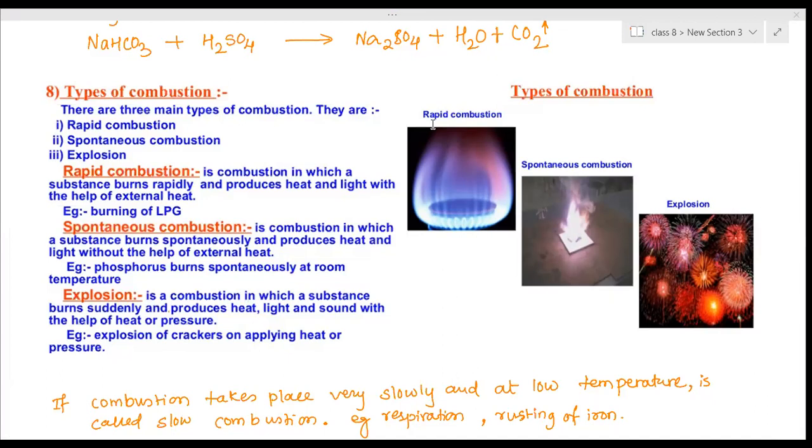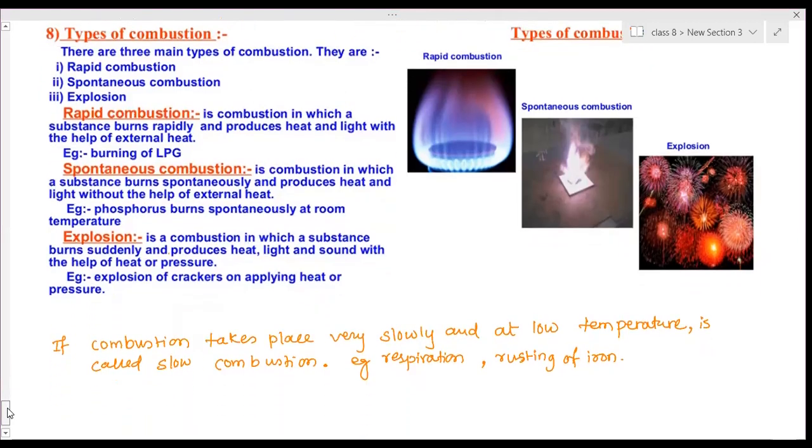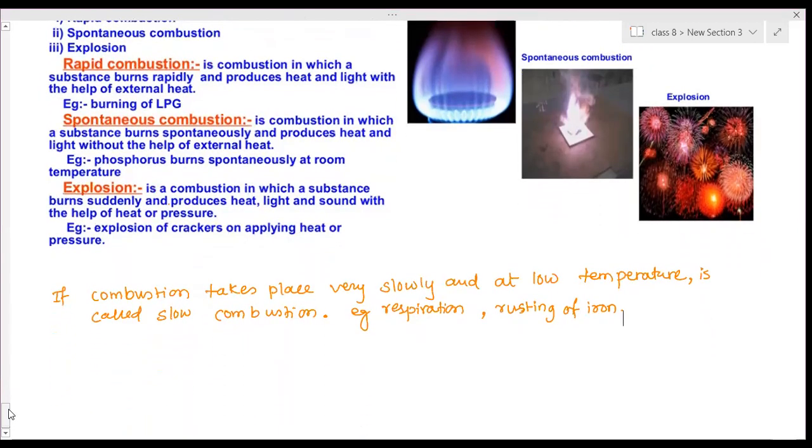So, ma'am, instead of 3, we should make it 4. No, these are the main ones, but along with that, this is also considered a combustion. When writing the types of combustion, you write only these three. Okay, ma'am. I'm done.